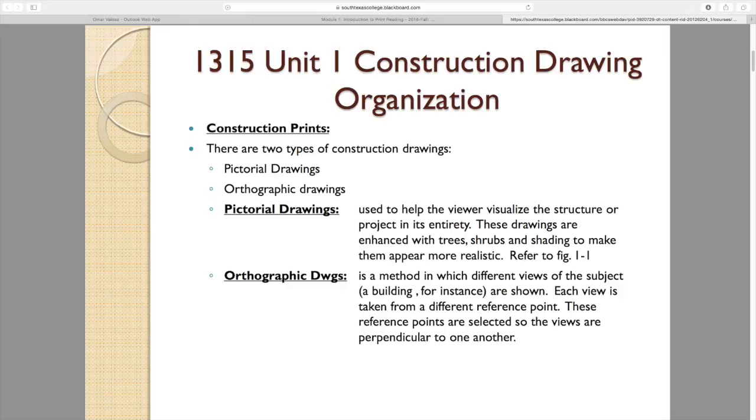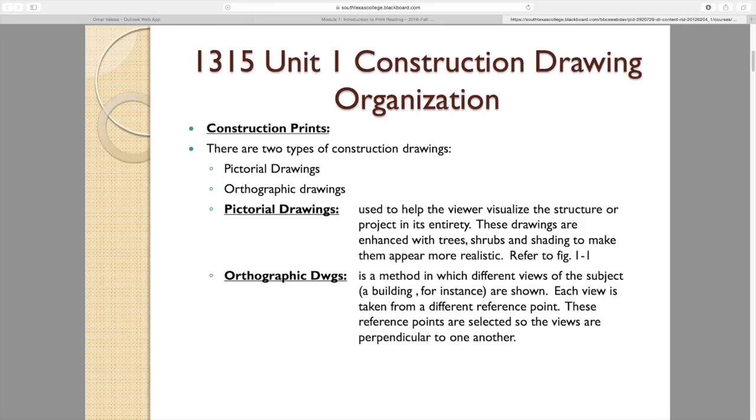That's what it is. It's a drawing that gives you a 3D sort of view of an image, more like a rendering, more like a 3D model. These are pictorial drawings. It's easier to get the concept. It's easier to view the idea.